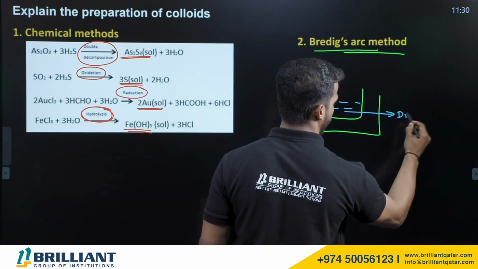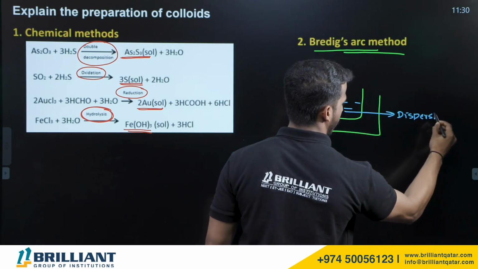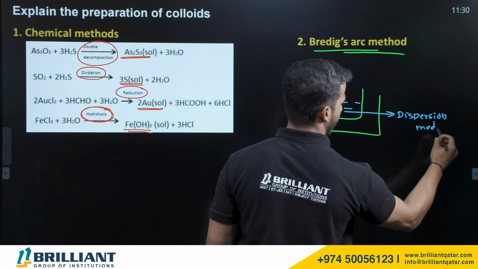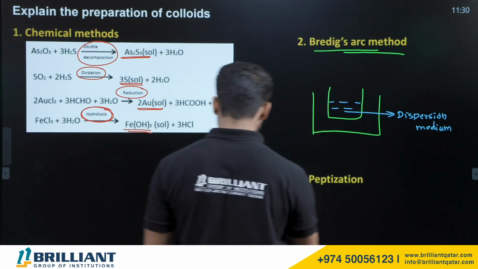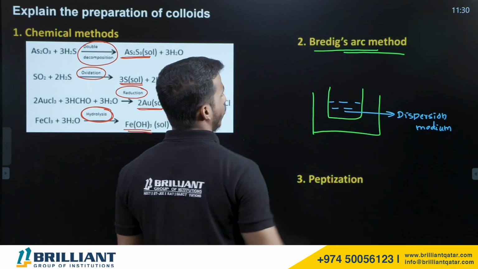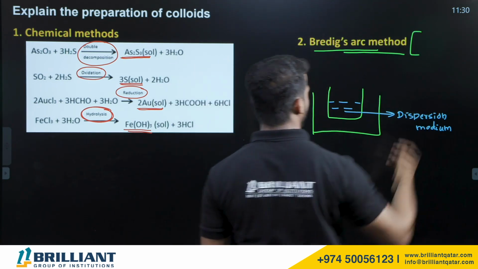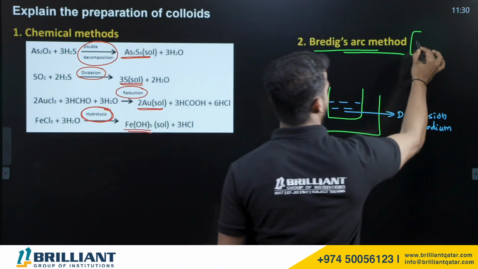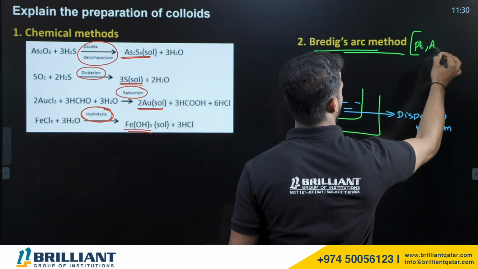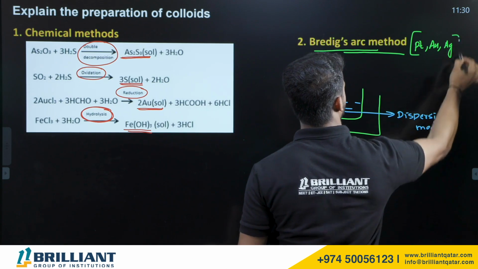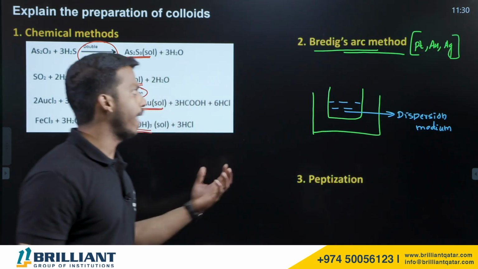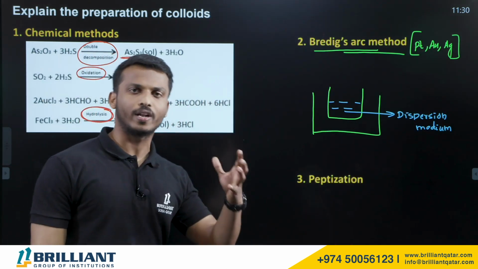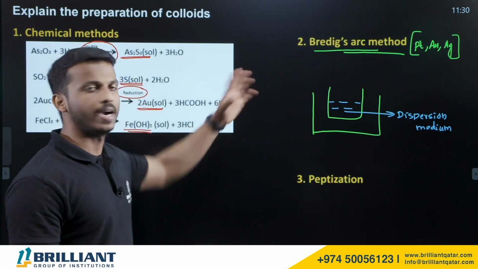Bredig's arc method is used for the preparation of mainly 3 colloids: platinum, gold and silver. These kinds of colloidal solutions you can prepare through Bredig's arc method.